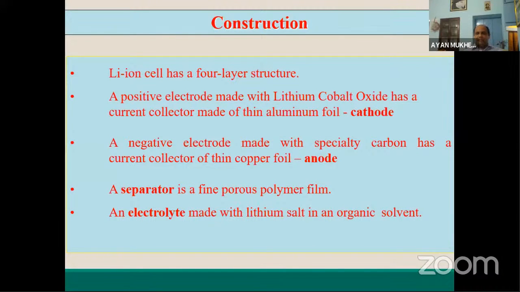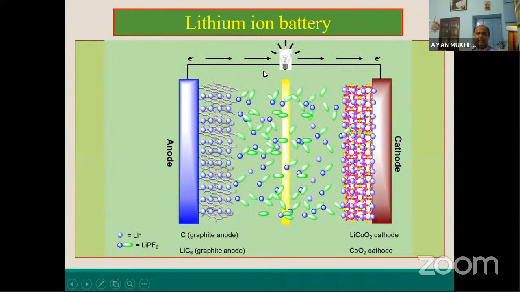In general, a lithium ion battery has a 4-layer structure. That is one cathode, which is generally made of lithium cobalt oxides, sometimes using a current collector made of aluminum foil; a negative electrode or anode with a thin copper foil current collector; a separator which is generally made up of a polymer film; and electrolyte material that generally consists of lithium salts.